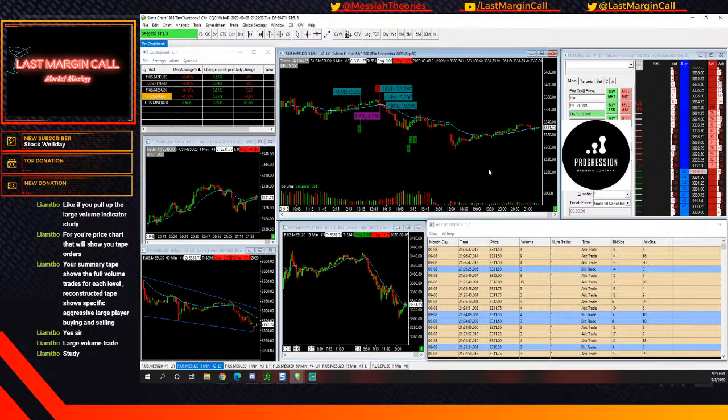What does this end up looking like on the chart itself? Is it almost just like a volume profile?